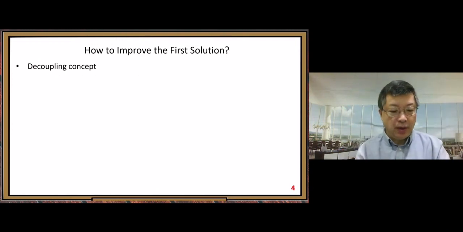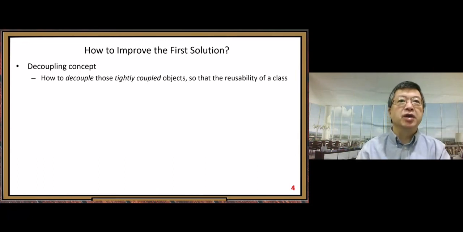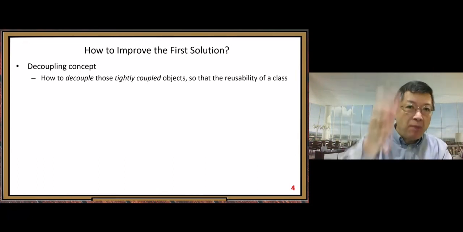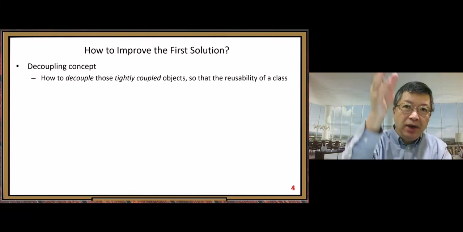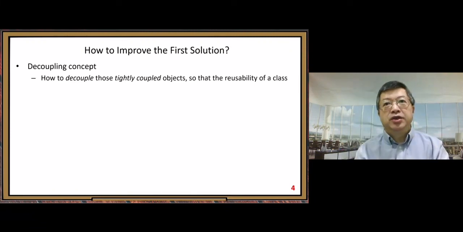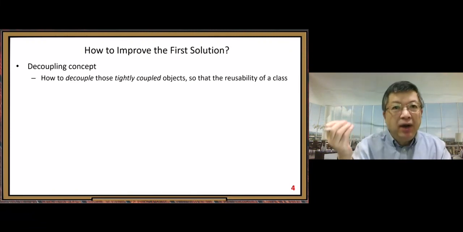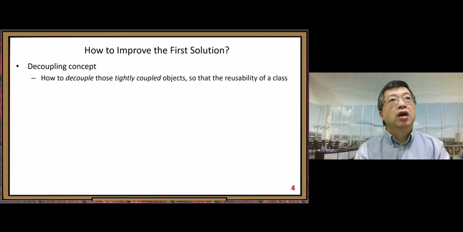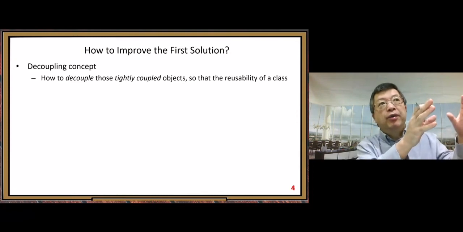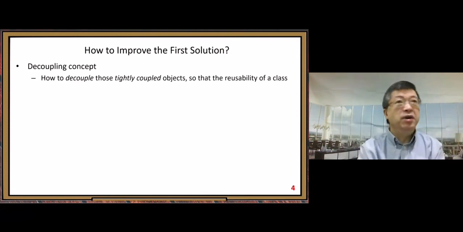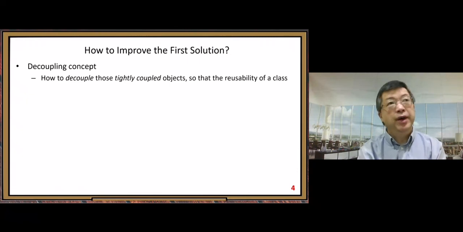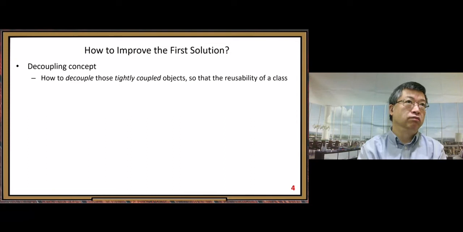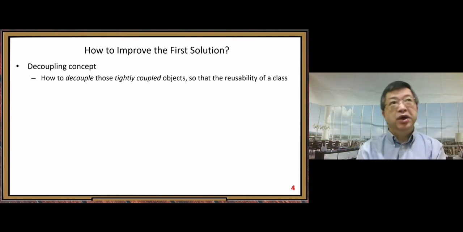But the question is how to decouple those tightly coupled objects so that the reusability of a class is not restricted by any of its dependencies. So when we use a business class, we don't need to worry about the dependency objects because they are already decoupled, disconnected.